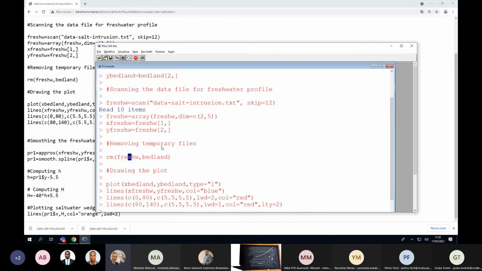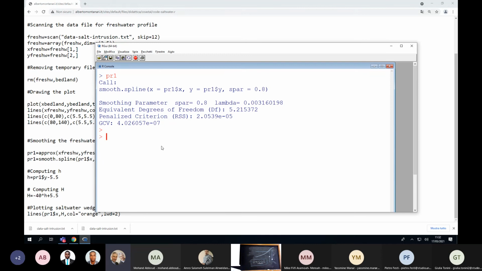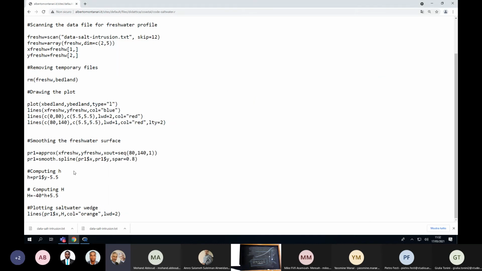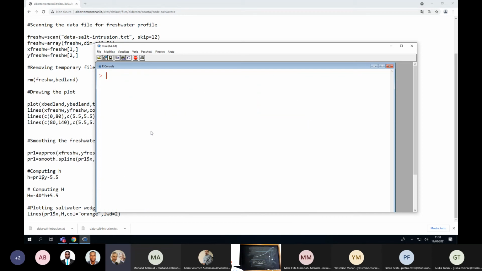let me look at the console. It's already computed. So let me just do, because I want to start from the beginning. Just 1 second. I want to start again in order to show you what is the result of each single step.